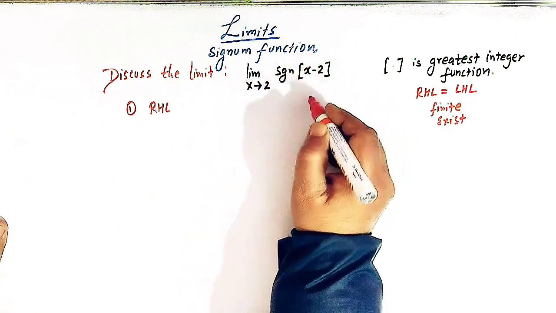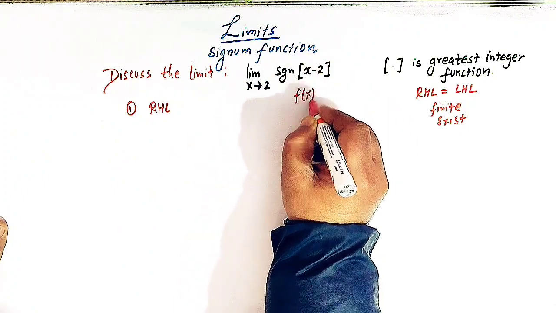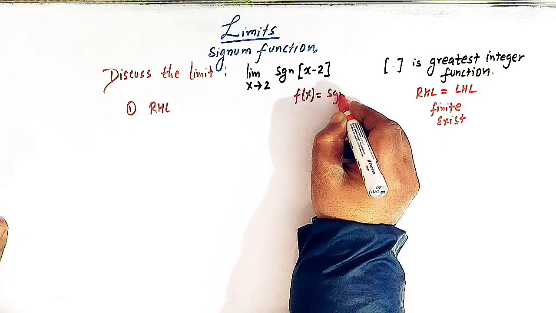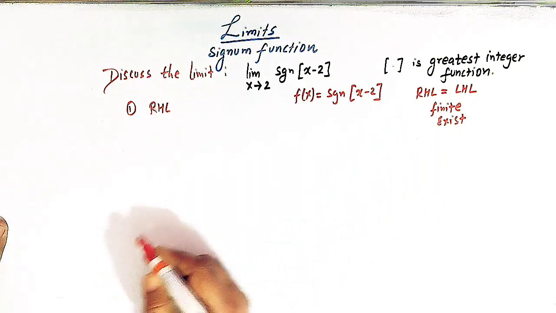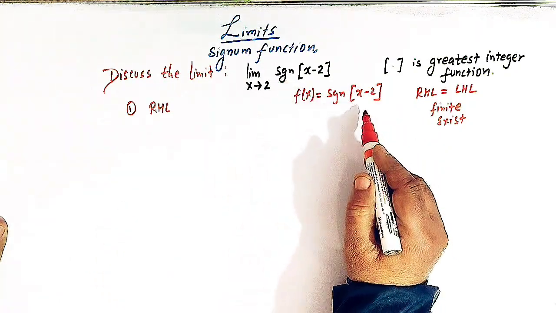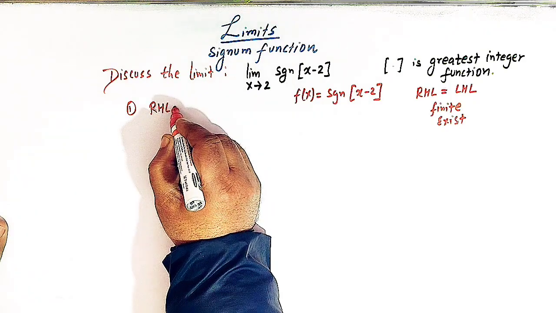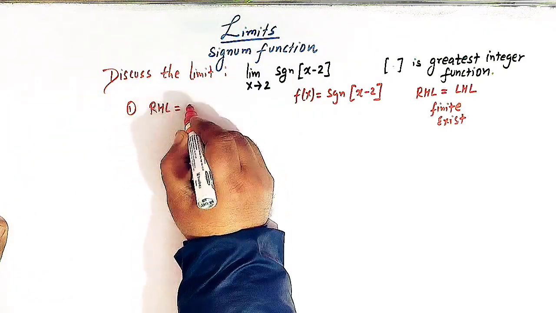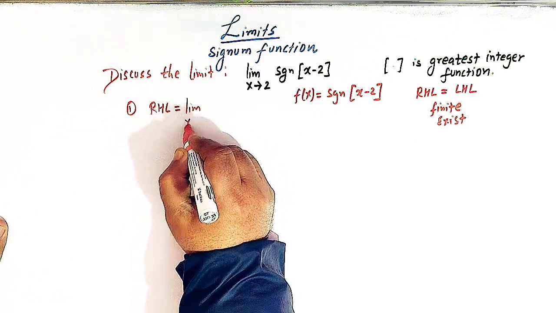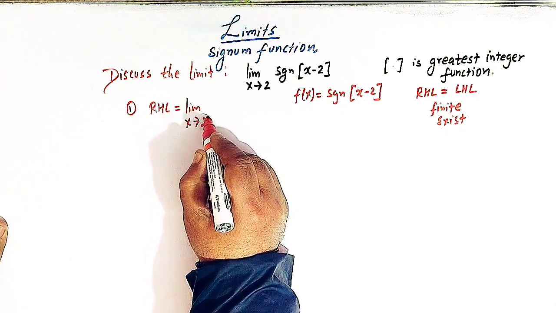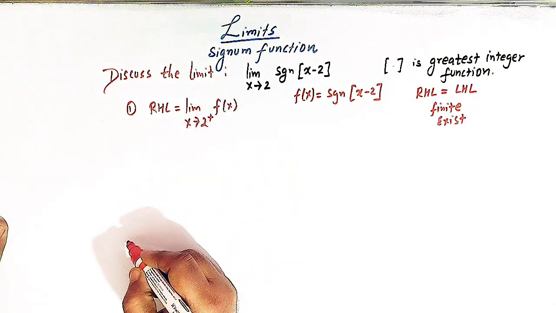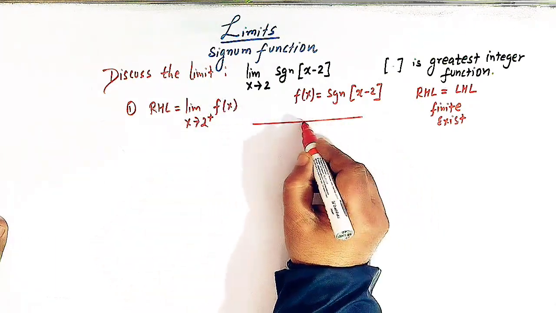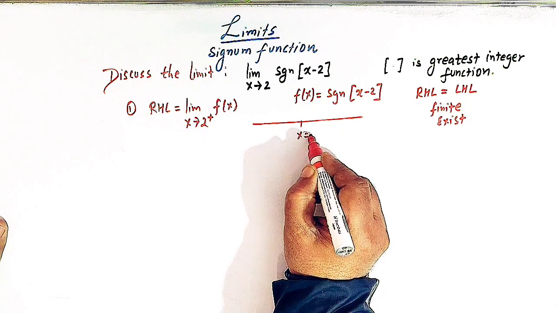Let us take the function f of x as signum of greatest integer of x minus 2, right? We'll also define the signum function, and here we have the right hand limit. The notation is limit x tends to 2 plus of f of x, right? So here we have x is equal to 2.